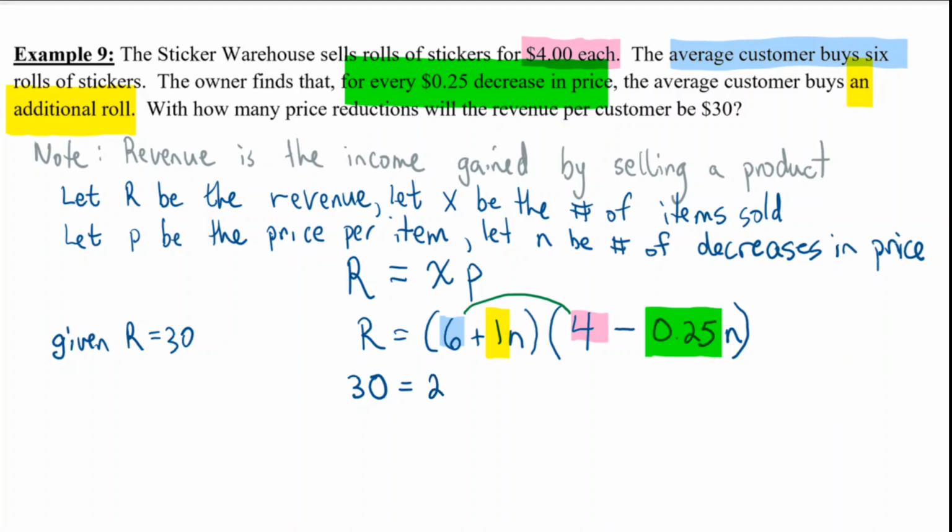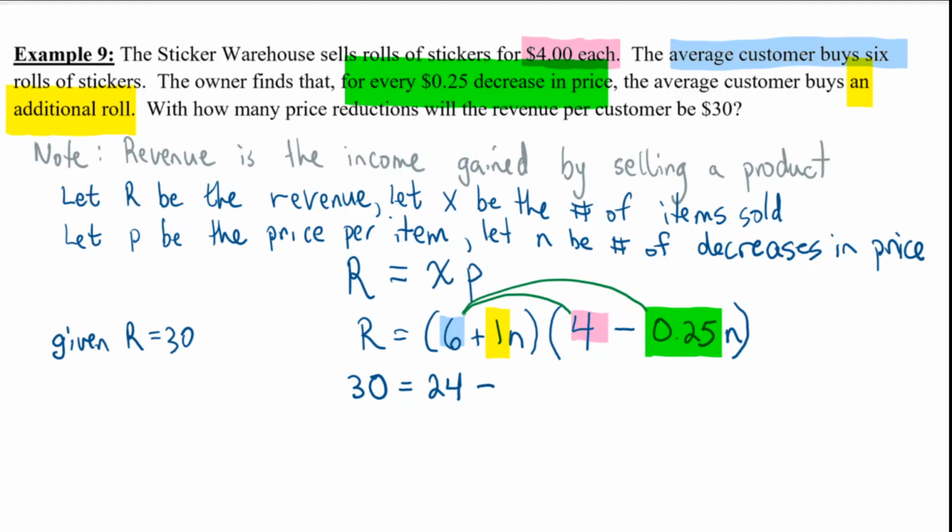6 times 4 is 24. And then we go 6 times 0.25. All right, so we got 6, oops, plus, no, it's going to be 6 times negative 0.25. So it's actually going to be a negative number.